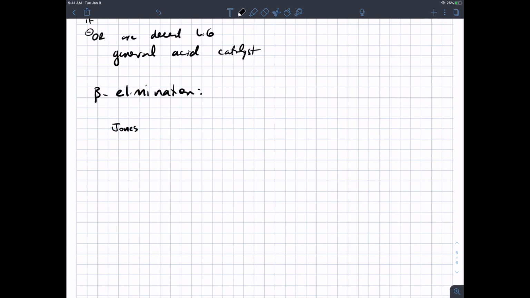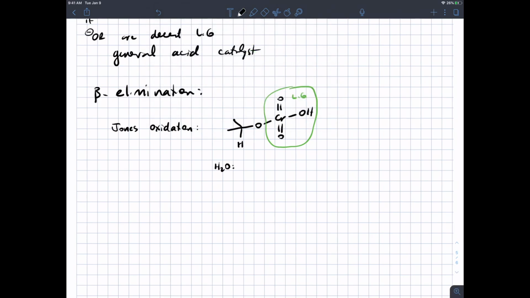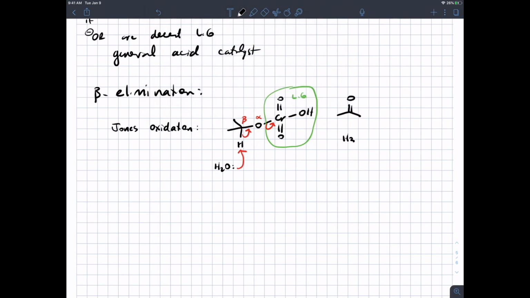I'm not going to show you the whole mechanism or reagents for the Jones oxidation, but the key intermediate is this chromate ester, where you can think of all of this as being a good leaving group, and then you have a base removing a proton that is beta to the good leaving group, and the leaving group leaves, and you have now a new pi bond, H3O plus, and CrOH minus. Okay?